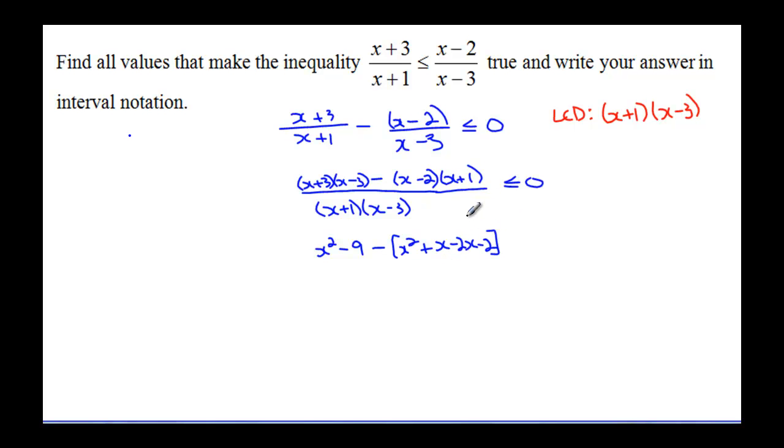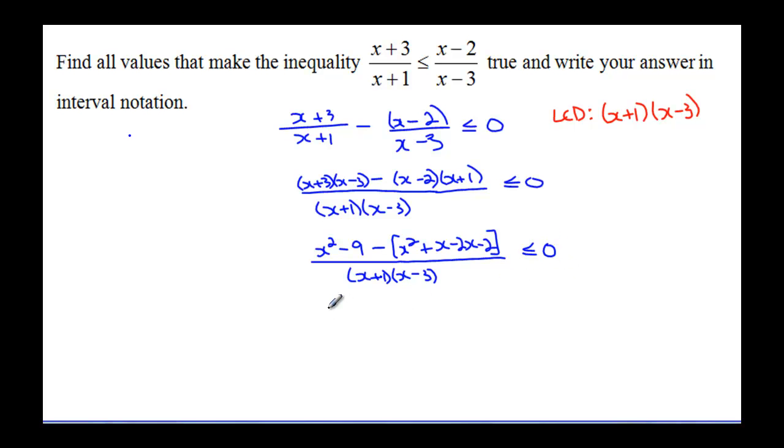Let me just check this. You're always good to check your work, of course. And then x plus 1 times x minus 3, and that is less than or equal to 0.